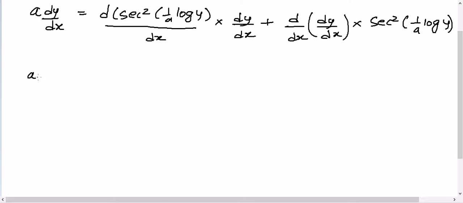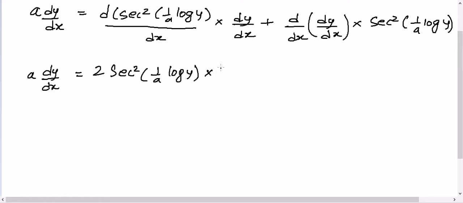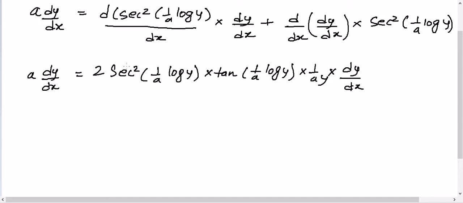So it will be a dy by dx into derivative of sec square, guys, will be twice sec square of 1 by a log y into tan of 1 by a log y into 1 by a dy by dx, whole into dy by dx.